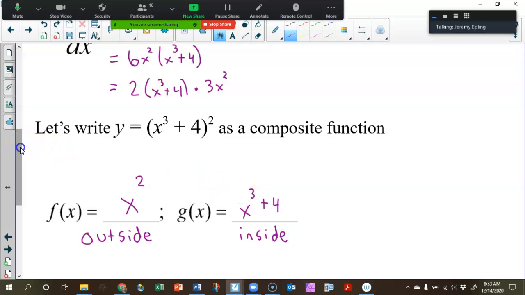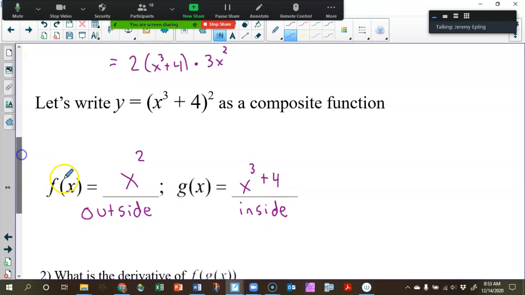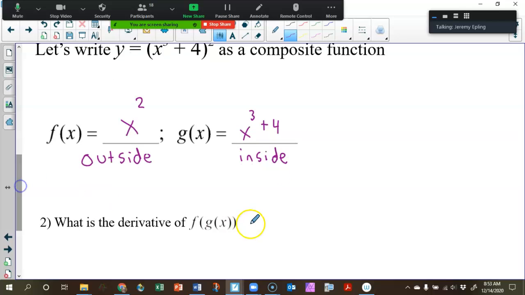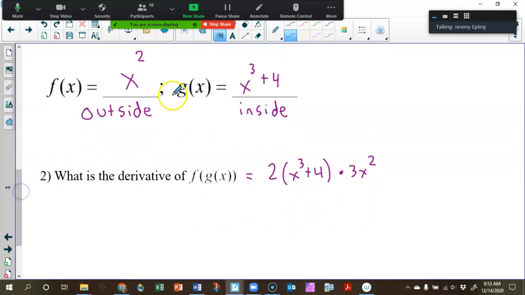And we've composed those together, f of g of x. Now, we got our derivative of f of g of x was 2 times x cubed plus 4 times 3x squared, or 6x squared times x cubed plus 4. And I want to look at that. Well, how does that compare to this function composition?